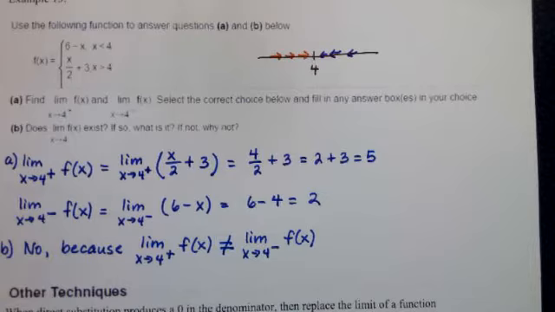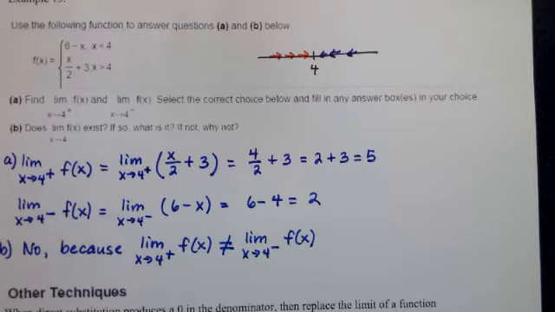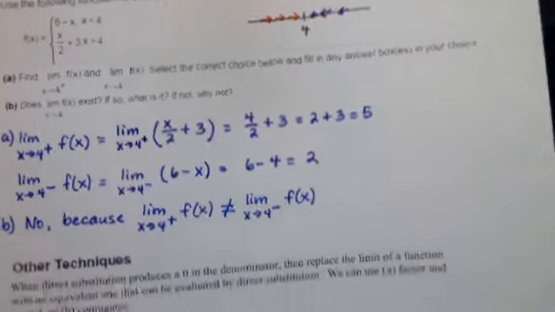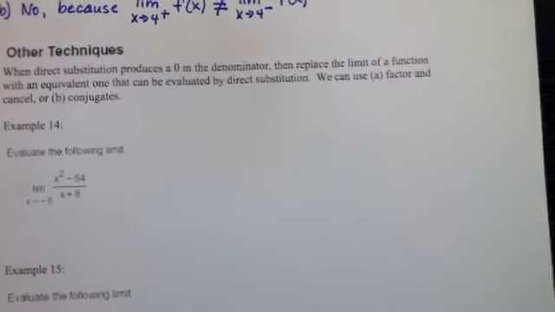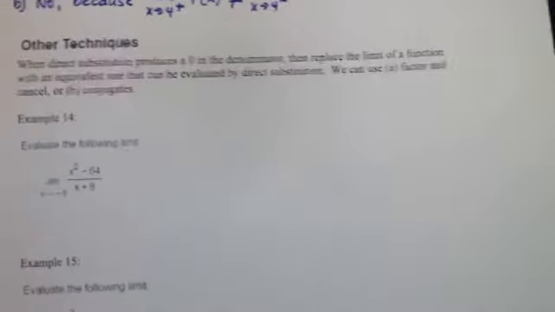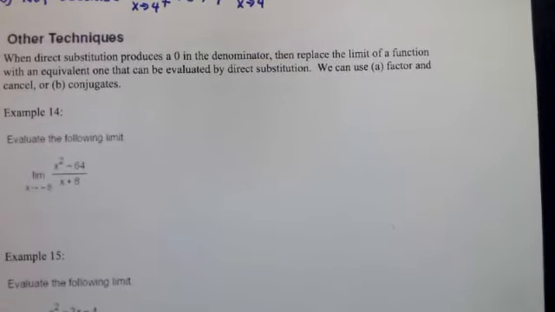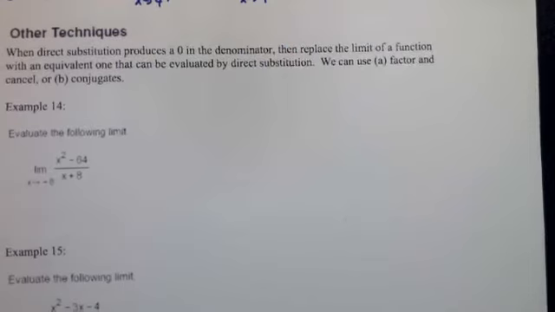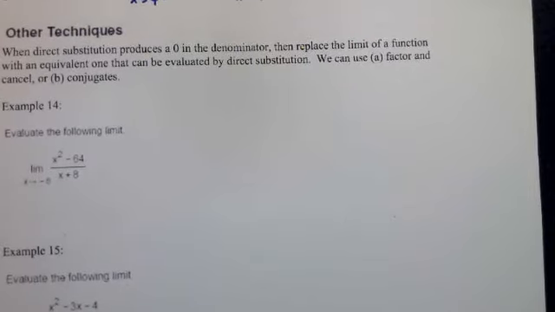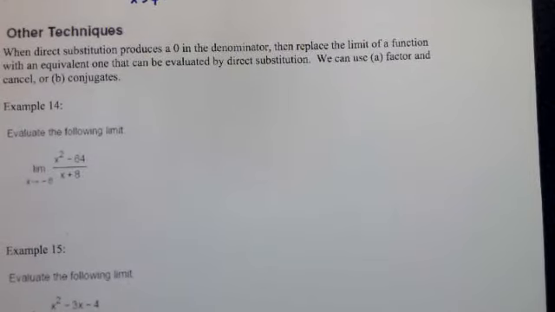So far, we've been doing direct substitution with these limits. There are other techniques. Let's say we get a 0 in the denominator when you do direct substitution. When that happens, you might need to replace the limit of a function with an equivalent one that can be evaluated by direct substitution.